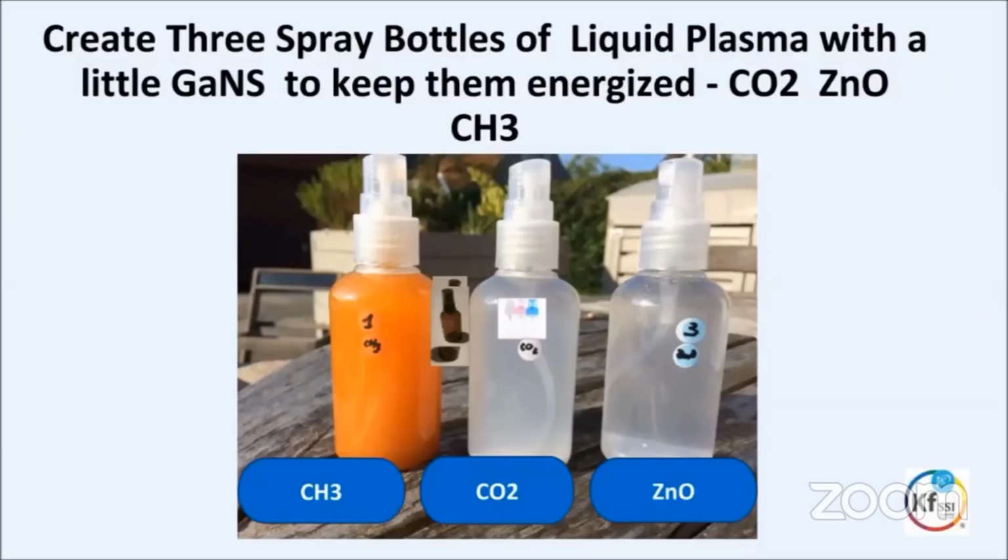One bottle would contain CH3 liquid plasma plus a little of its GANS. The second bottle contains CO2 and a little of its GANS. And the third spray bottle contains zinc oxide, also with a little of its own GANS in it.